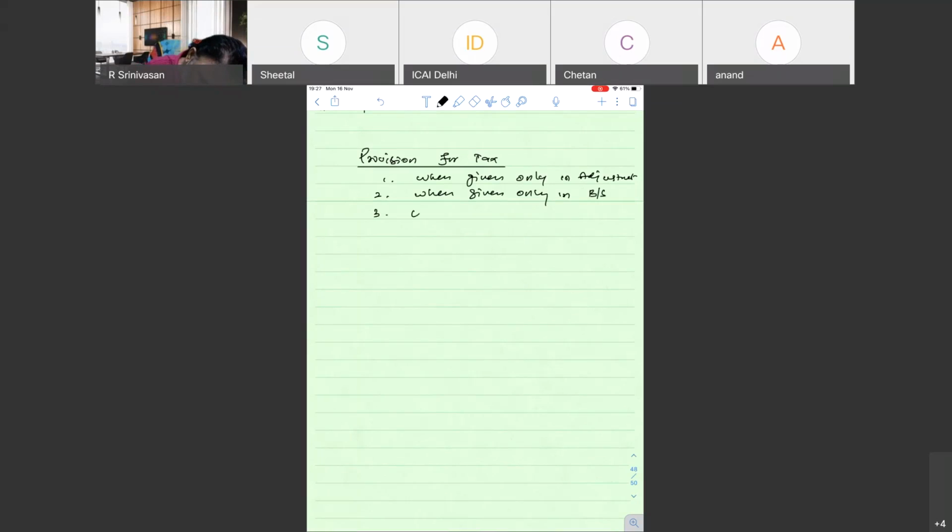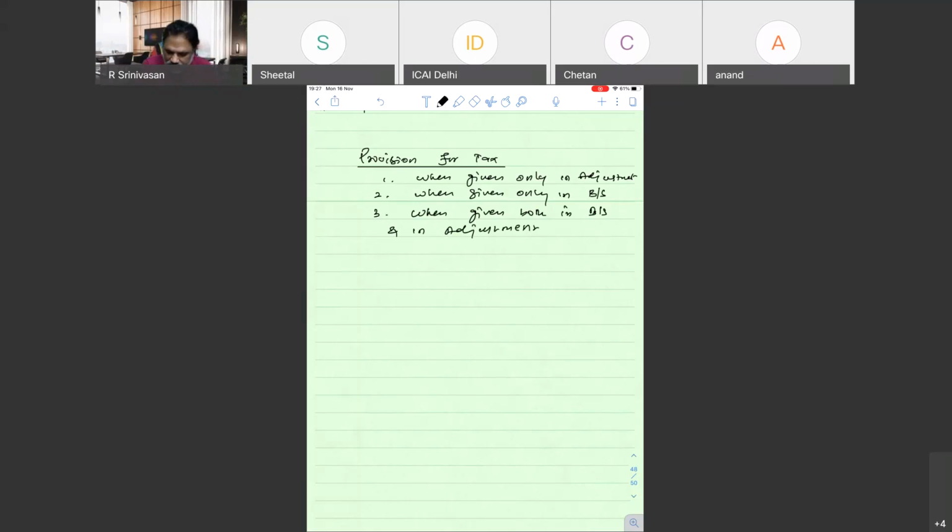And third, when it is given both in balance sheet and in adjustment. So these are the three cases.